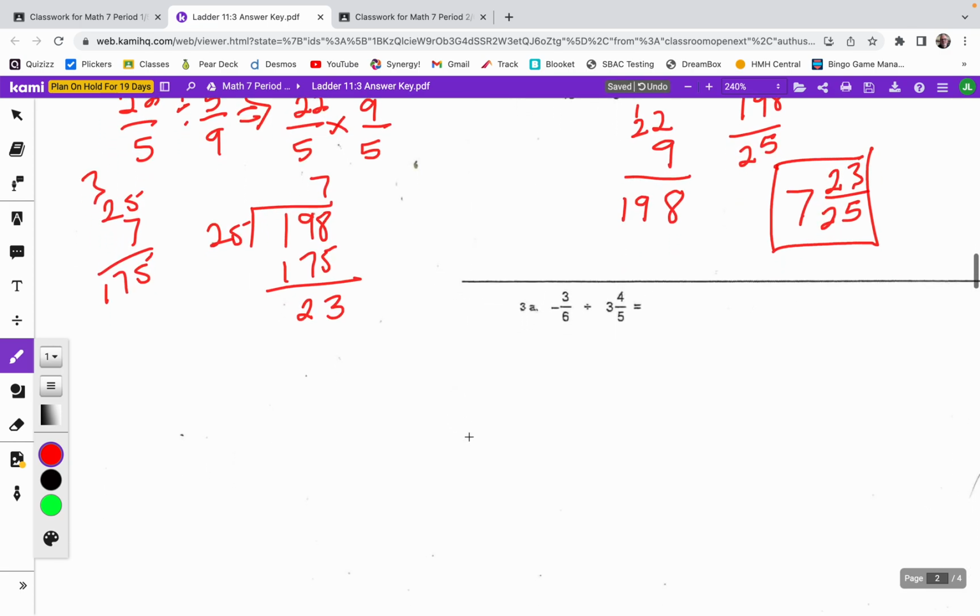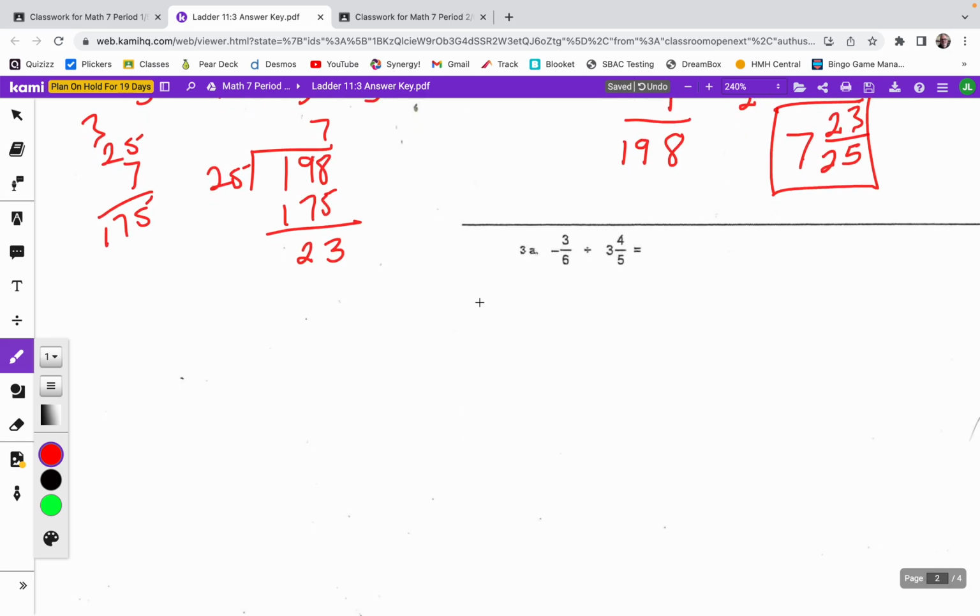This answer is going to be negative. So I've got negative 3/6 equals negative 1/2. I always try to simplify first if I can, because then I don't have to simplify later. Divided by, we'll just do it right here, 5 times 3 is 15 plus 4 is 19 fifths.